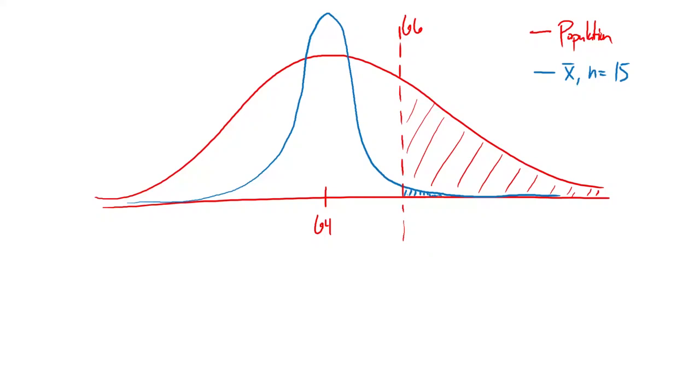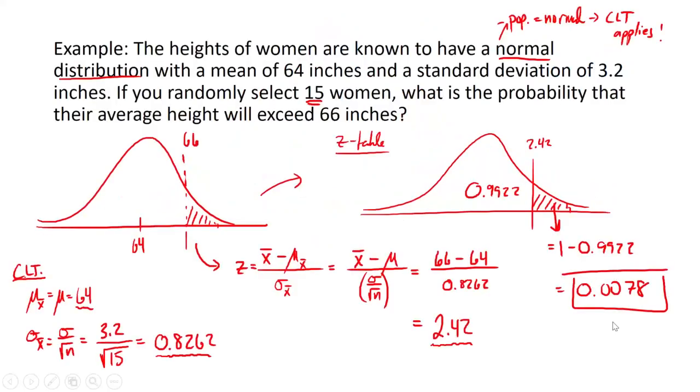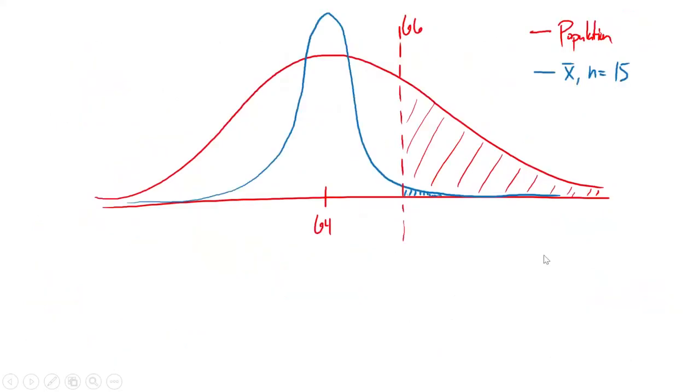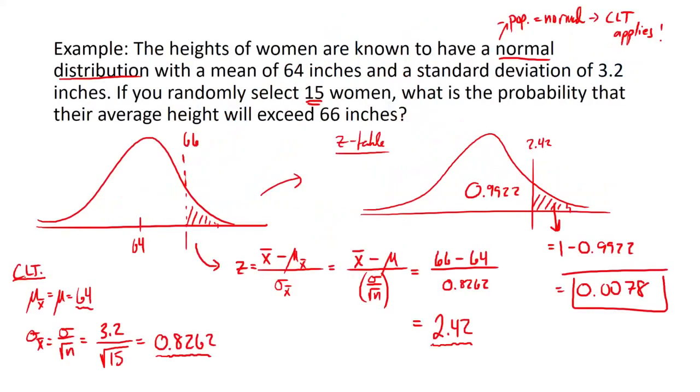And your means are going to be all piled up right around the true mean. It's just not as common to see means out there. It could happen, it's just not going to happen very often. It's very unlikely. So, does that kind of make sense? Okay. All right, any questions about this one?